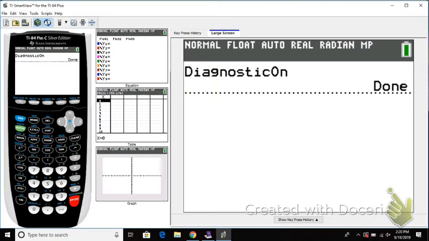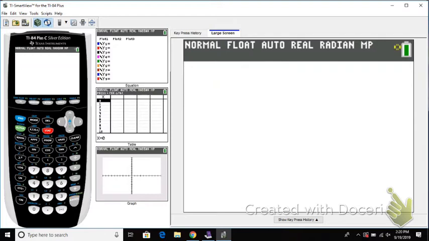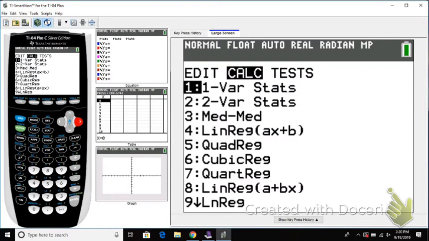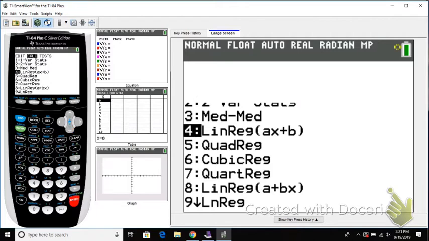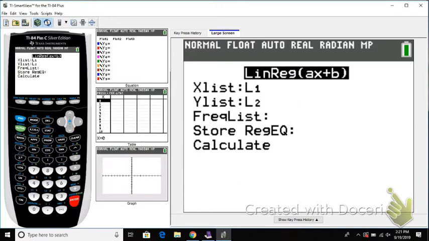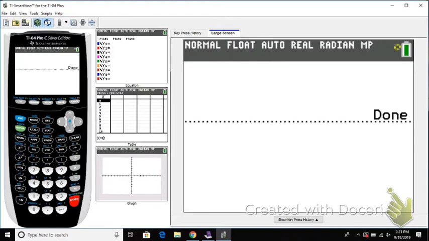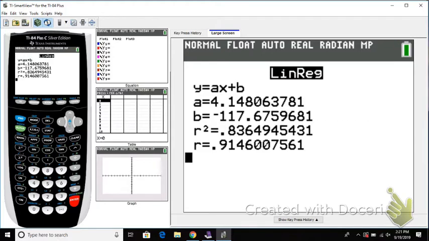What's our home button to find this? Stat. So I'm going to go stat. I'm going to go over here to calc. Which regression am I using? Linear. Hit enter. Go down to calculate. And you're going to get more information this time. You're going to get your a, your b, your r squared, and your r.